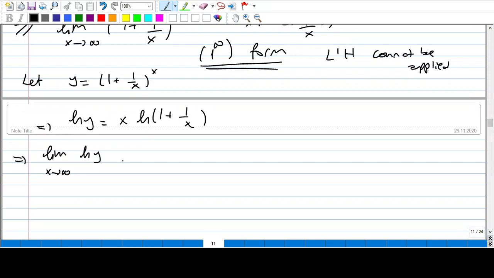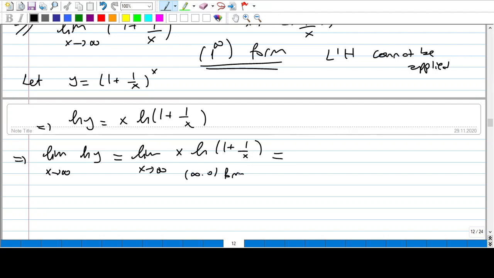The limit of ln y, which is equal to the limit as x goes to infinity of x times ln(1 plus 1 over x). You see that we have infinity times 0, since 1 plus 0 gives 1. So this is of the form infinity times 0.